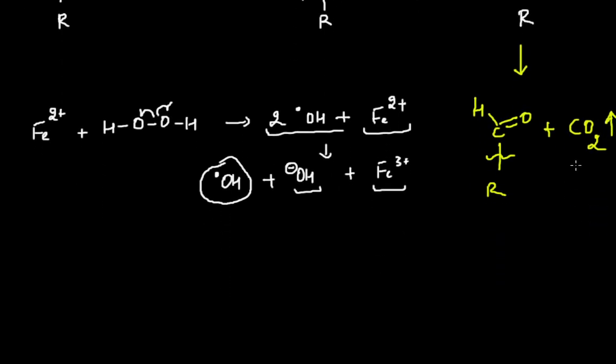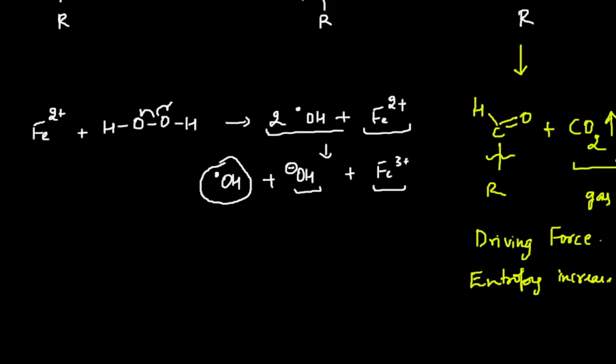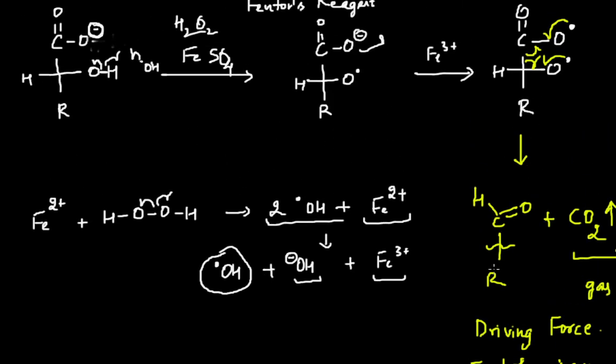So this gas is eliminated, and this is your driving force, formation of gas. Why is this a driving force? Because when gas is released, entropy increases. So this increase of entropy is the driving force. And meanwhile, you have got an aldehyde.